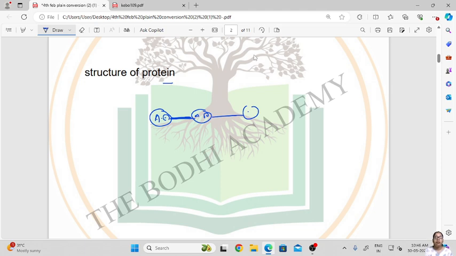So protein, depending on its structure, depending on the position of these amino acids, it is classified into four types.